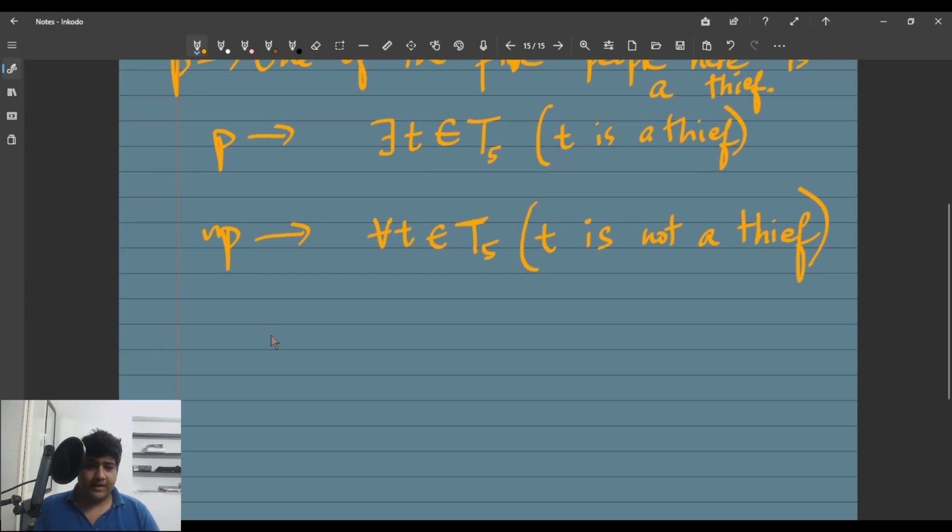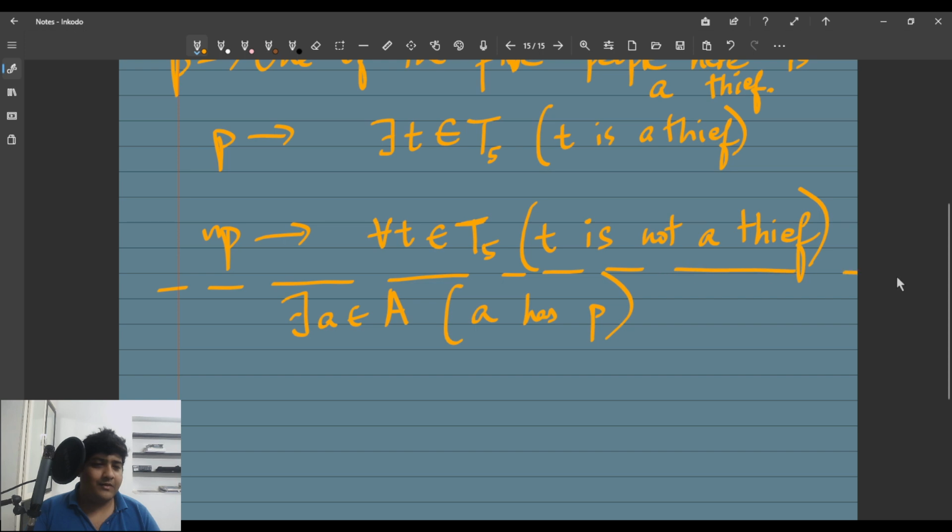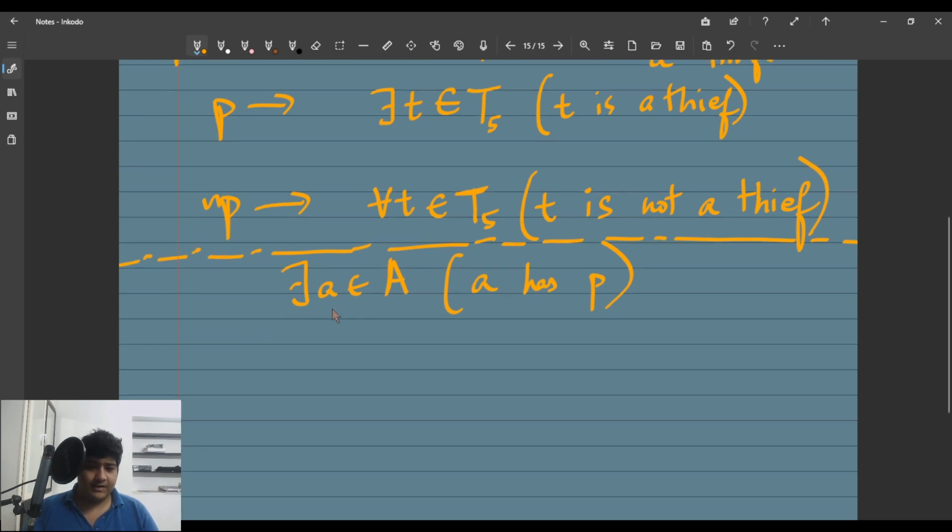So very abstractly, if I have to say, there exists some a belonging to A, a has some property, I'll call that property p. This is just a summary of whatever we did now. You can try to figure out how I am writing the statement mathematically.